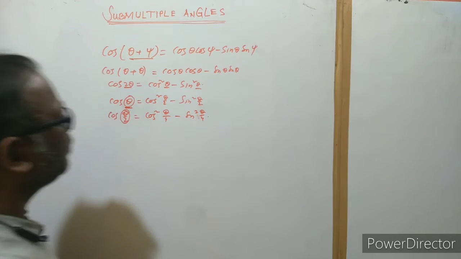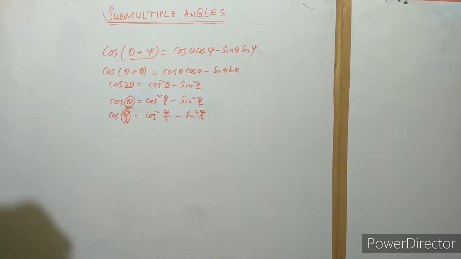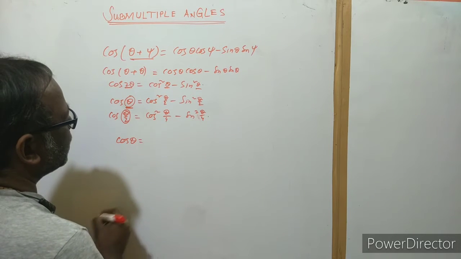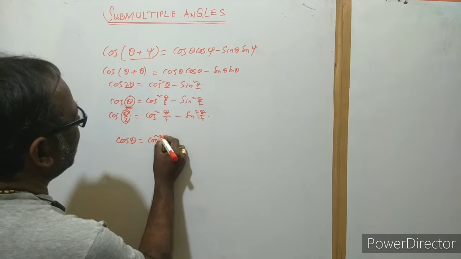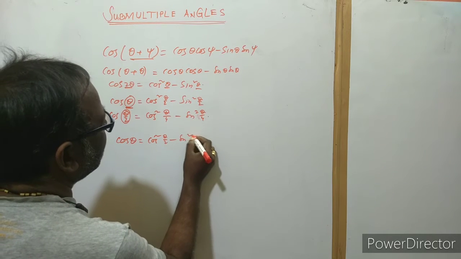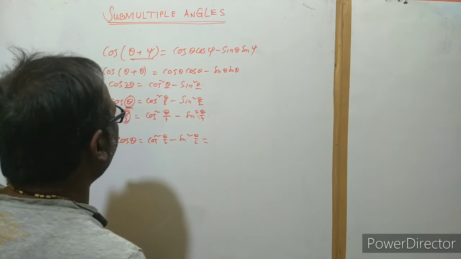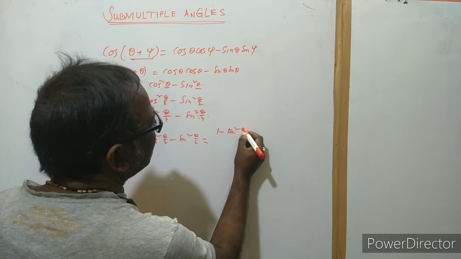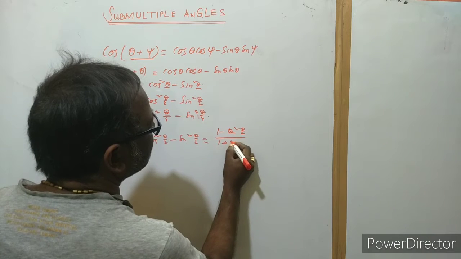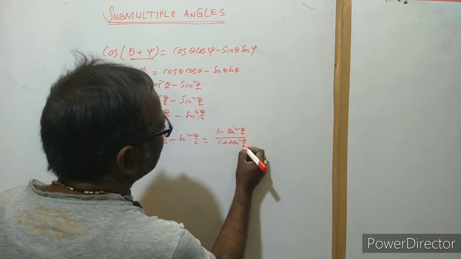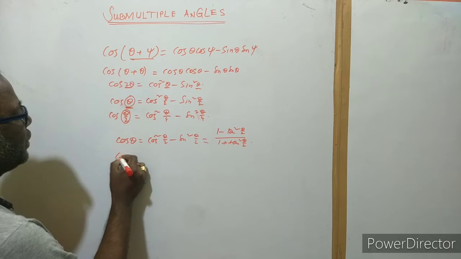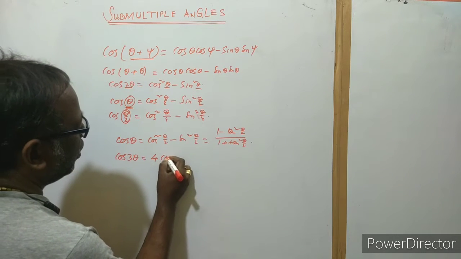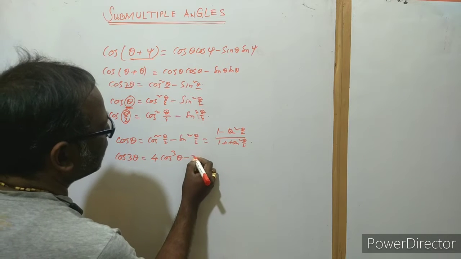So now among them, the value of cos theta would be cos square theta by 2 minus sin square theta by 2, and in the form of tan theta, it will be 1 minus tan square theta by 2 over 1 plus tan square theta by 2. The cos 3 theta for the multiple angle is 4 cos cube theta minus 3 cos theta.